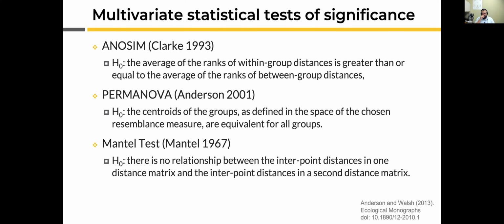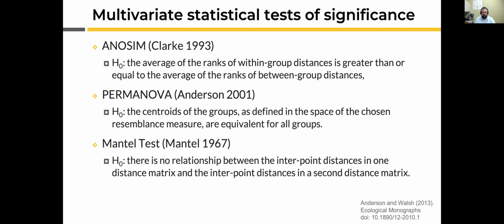So if you get a significant PERMANOVA result telling you that at least one of the groups is different from all the other groups, then you can go back and run PERMANOVA in a pairwise manner between all of the groups to give you which specific pairs of groups are different from each other.